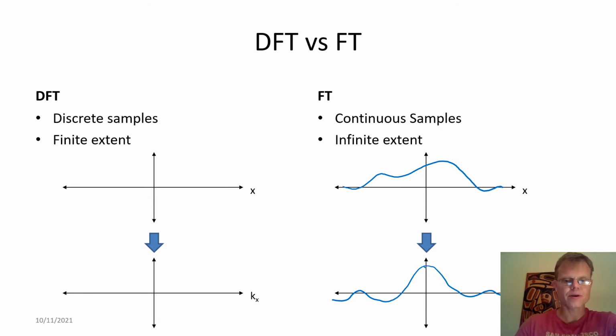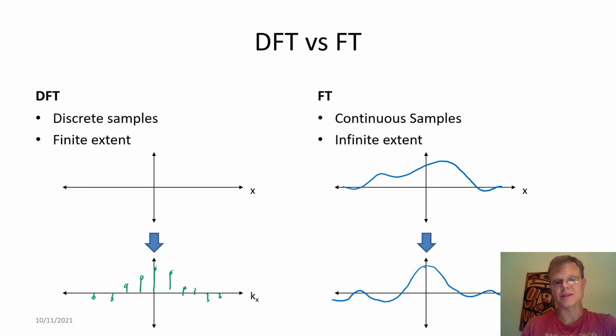Whereas with the discrete Fourier transform, in the bottom here, this would be our data sampling domain, we're actually going to only get a limited number of samples. I represent them by either little stems or little delta functions. They only exist over a limited range. There's only a finite discrete number of them.